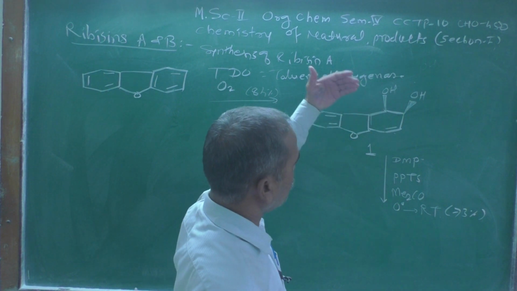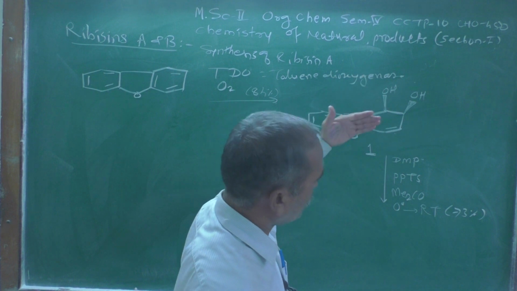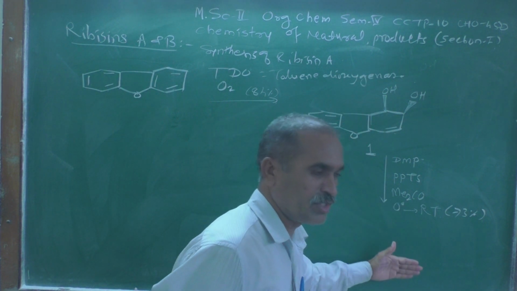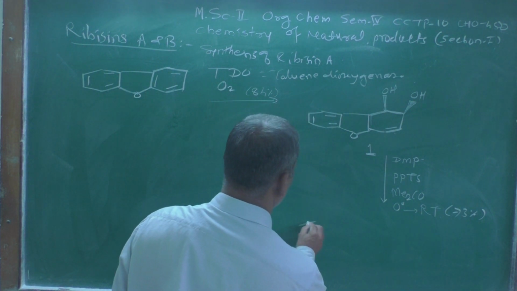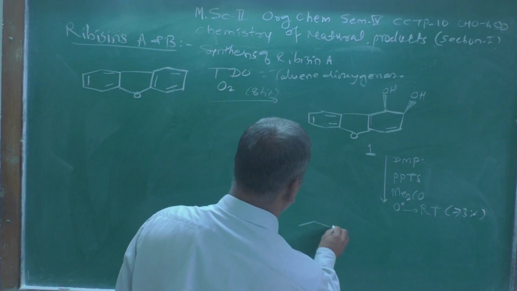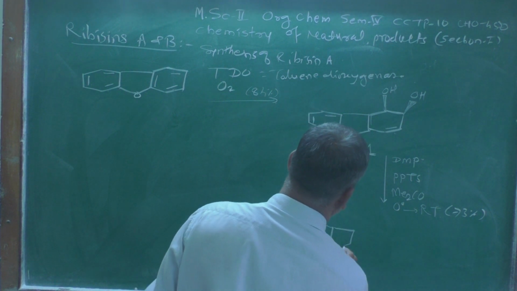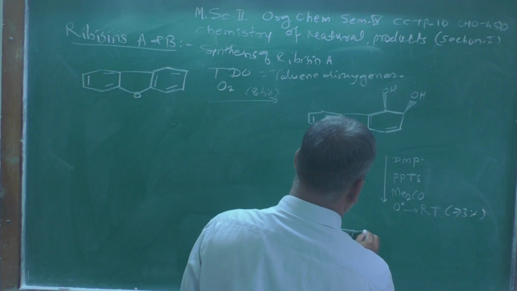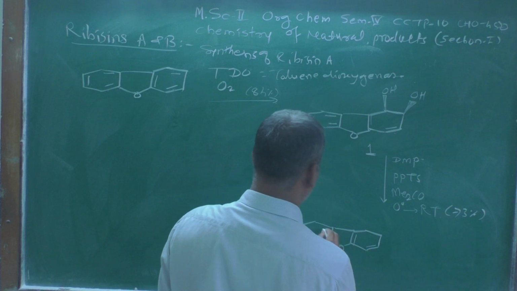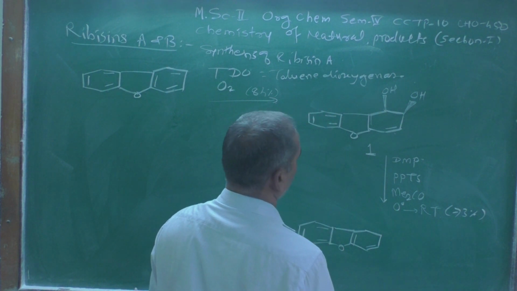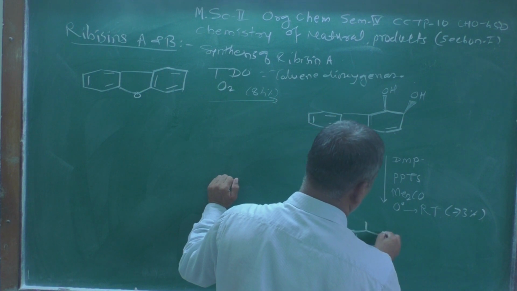Compound number 1, or structure number 1, is going to convert into structure number 2. What is structure number 2 which I am representing over here? The other part of the molecule remains as it is, and only changes occur over here.